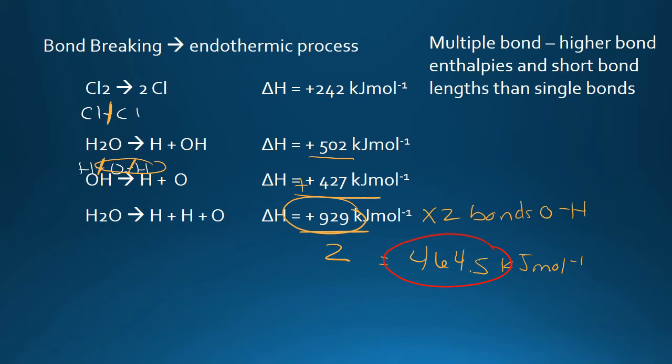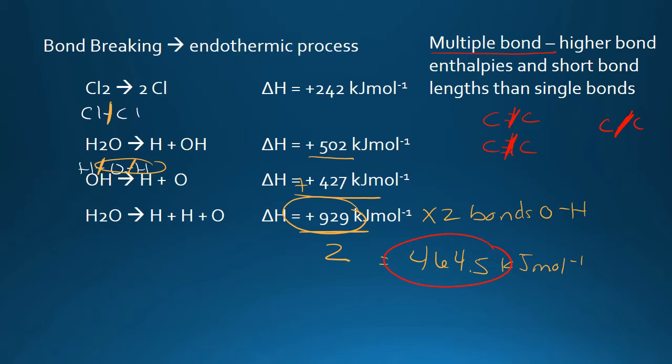Something to keep in mind is when you have multiple bonds, like a double bond or a triple bond, so an alkene or alkyne, there are higher bond enthalpies and shorter bond lengths than single bonds. So it is easier to break a single bond because you only have to break 1 than it is to have to break 2 versus to have to break 3.